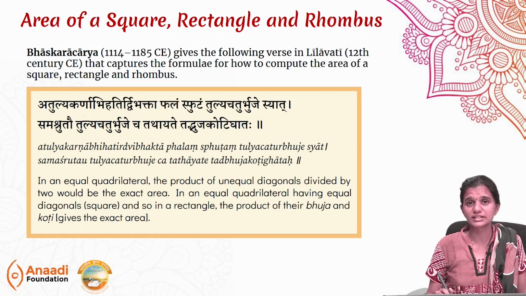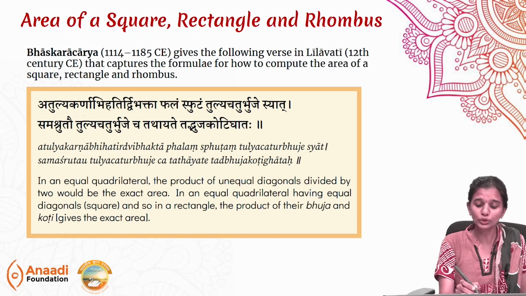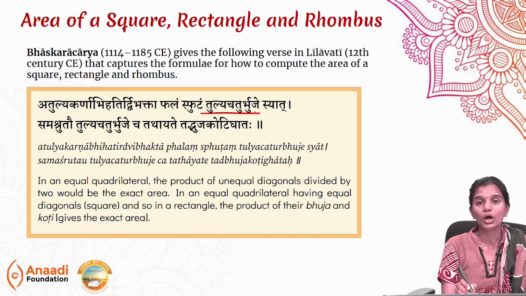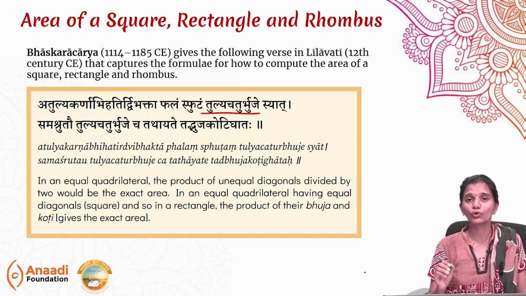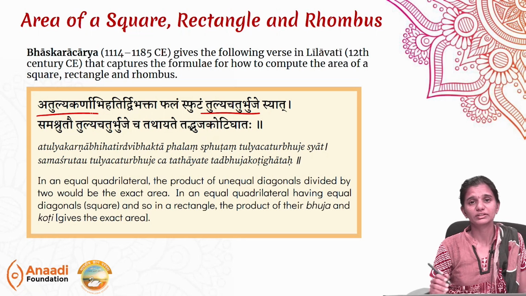But then see in Sanskrit how beautifully it is explained. Bhaskaracharya says it is a tulya chaturbhuja, that is the one which has 4 equal sides with atulya karna, that means the one whose diagonals are not equal.